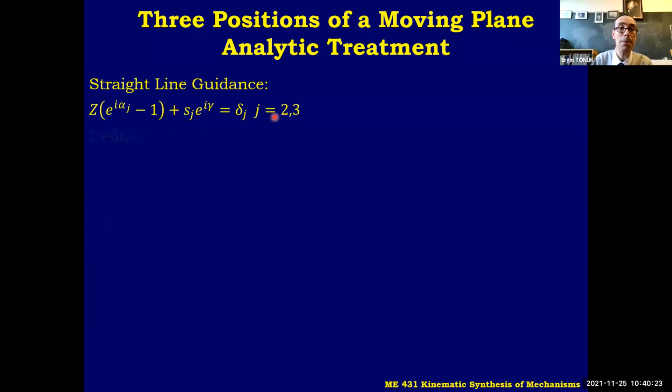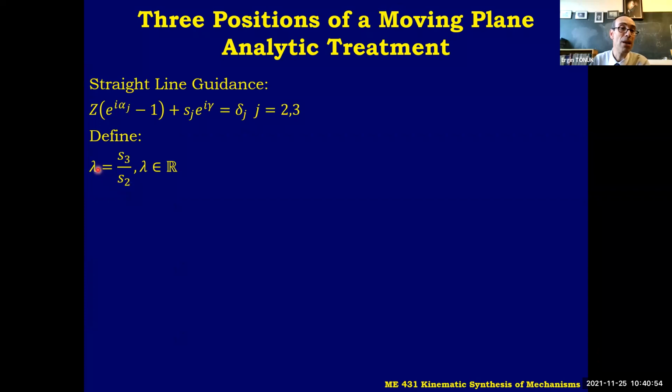But if I do this, actually, I'll put the equations in a more manageable form. I will call lambda the ratio of S3 to S2, which is a real number because S3 and S2 are real numbers. These are displacements. And actually, you can set lambda larger than 1. In that case, S3 would be larger than S2.